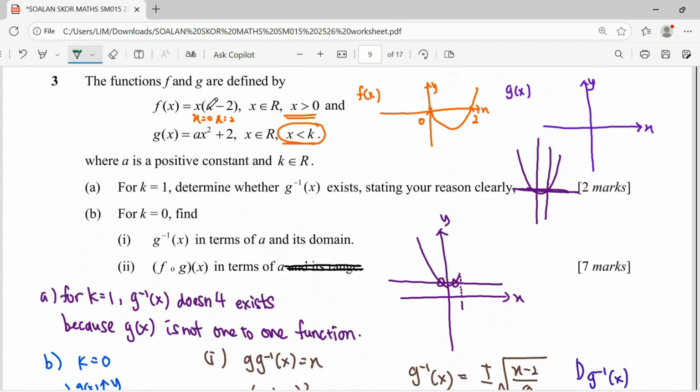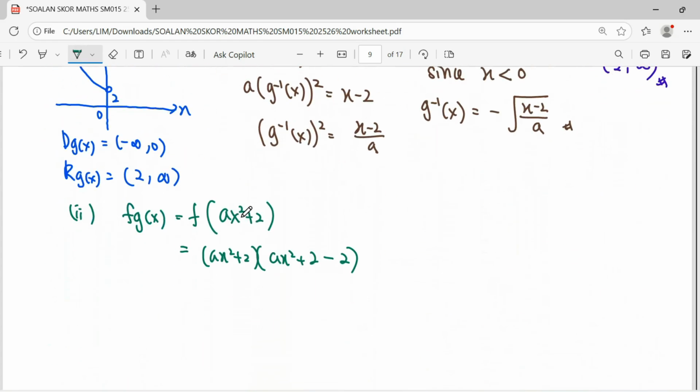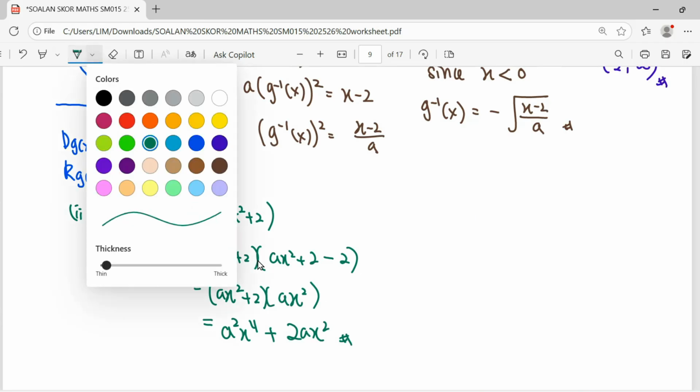Substitute the x with ax squared plus 2, so we have (ax squared plus 2) times ax squared. Simplify, it will be a squared x to the power of 4 plus 2ax squared. So that's all for this question.